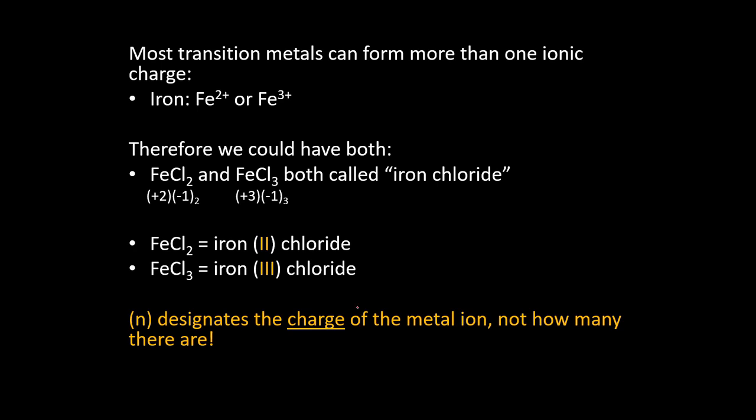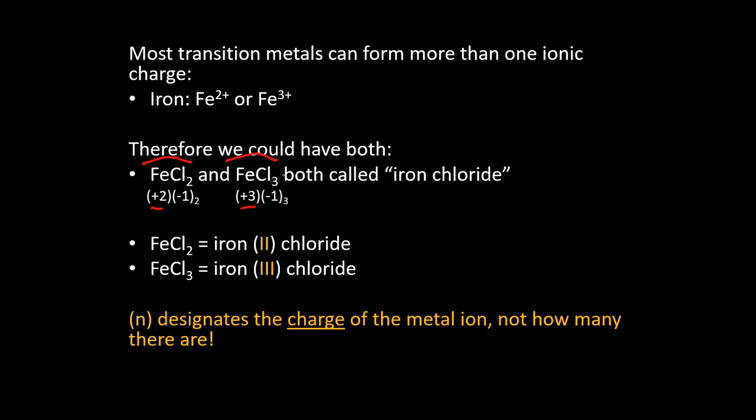we are going to have to represent the charge on the metal with Roman numerals in the middle of the name. So because iron could either be +2 or +3, just saying iron chloride is not good enough, because that could be either one of these, and these are two different molecules.